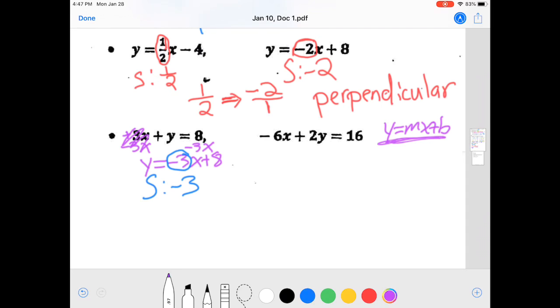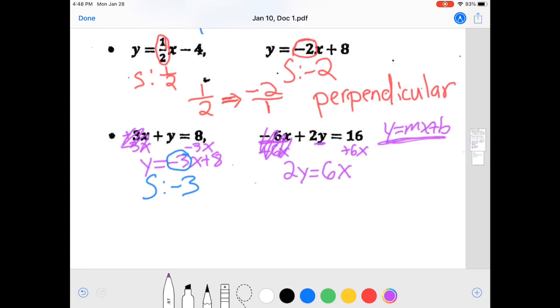For the second equation, y is not by itself, so we've got to get it by itself. The -6x is negative, so we can add 6x, add 6x. This cancels out, and we're left with 2y equals. We cannot combine the 16 and the 6 because they're not like terms, because the 16 doesn't have an x.